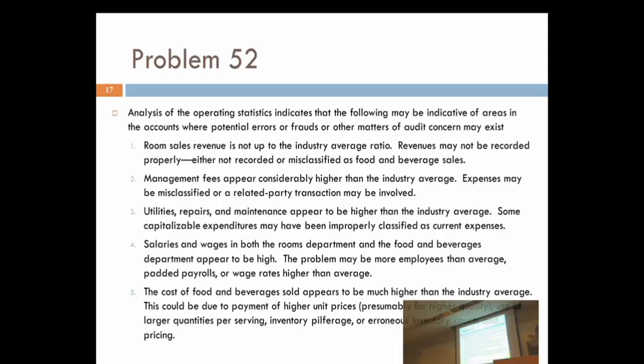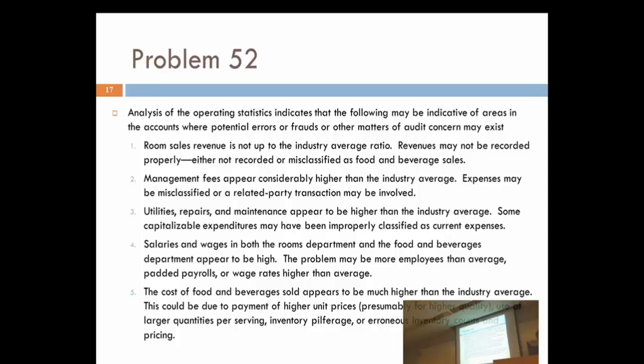So given those differences between Majestic and the industry, some of the things that we would look at to determine whether there are audit issues or potential errors. Since room sales revenue is not up to the industry average ratio, revenues may not be recorded properly, right?